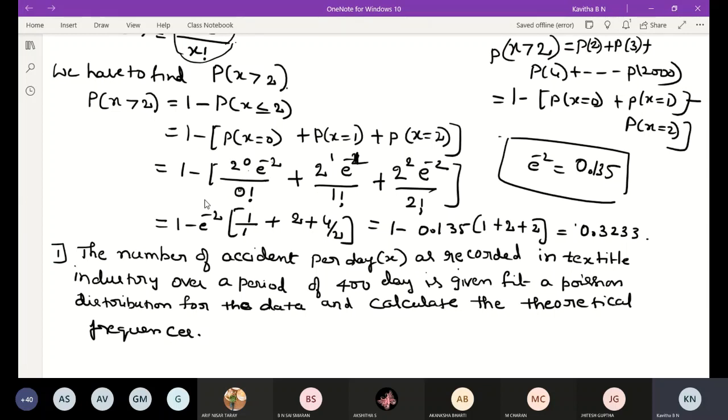In 400 days, how many accidents are recorded? It is given. Fit a Poisson distribution for the data. In Poisson distribution data is given, and calculate the theoretical frequency. We have to calculate theoretical frequencies.